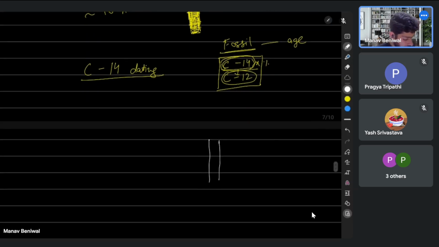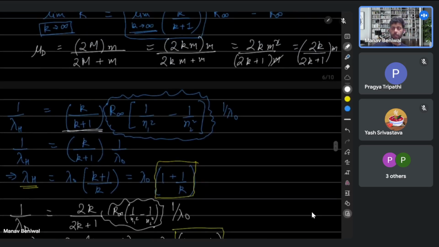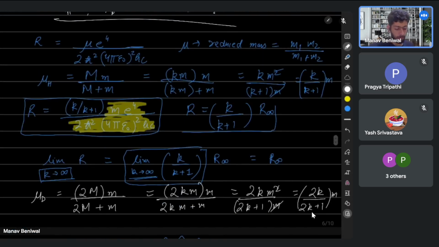And one, let's say, has intensity I1 and this has intensity I2. Let's say this is carbon 12, this is carbon 14. Just like how we calculated for hydrogen and deuterium, you can use exactly the same approach.